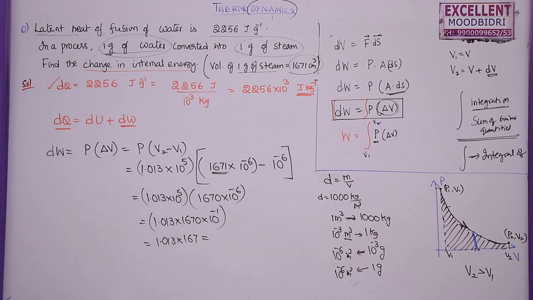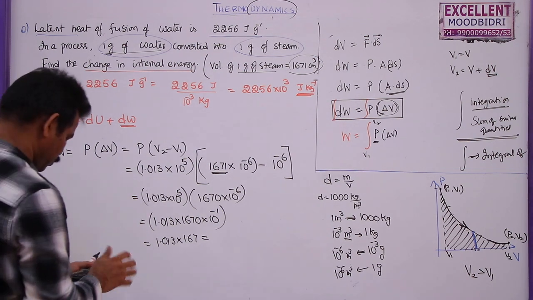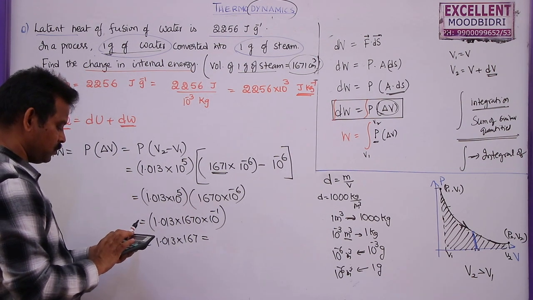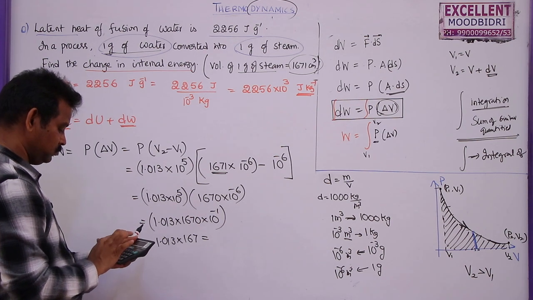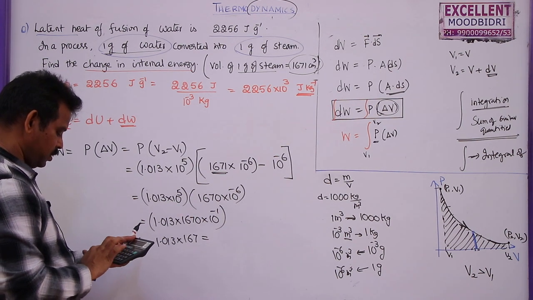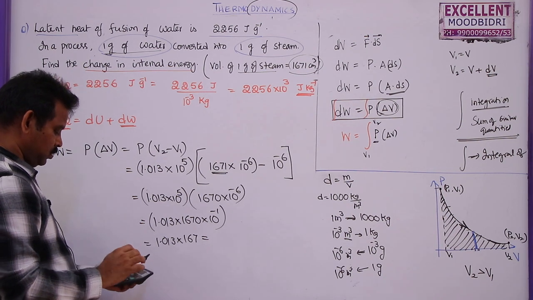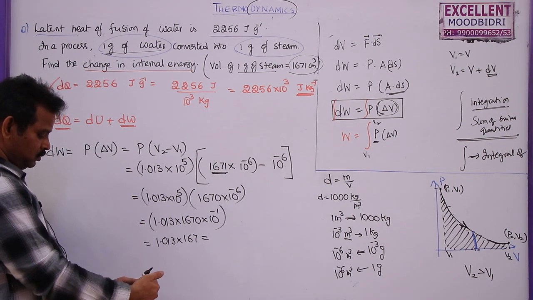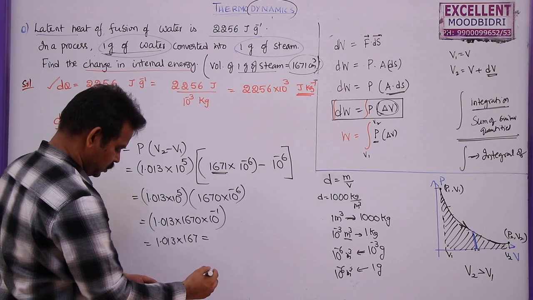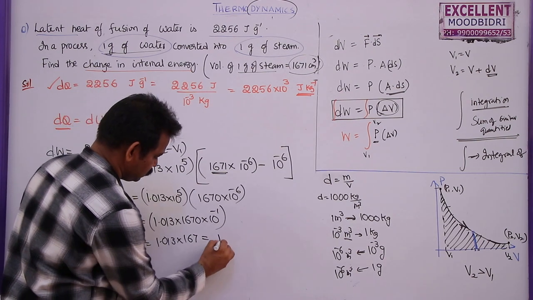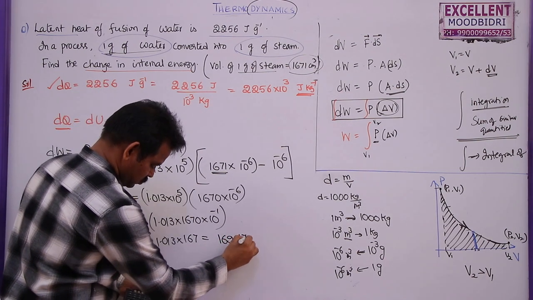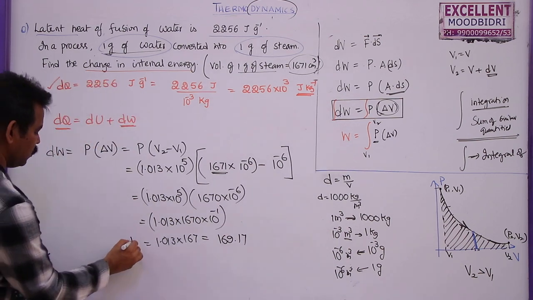So what is its value? 167 into 1.013 is equal to 169.17. So this is the work done.